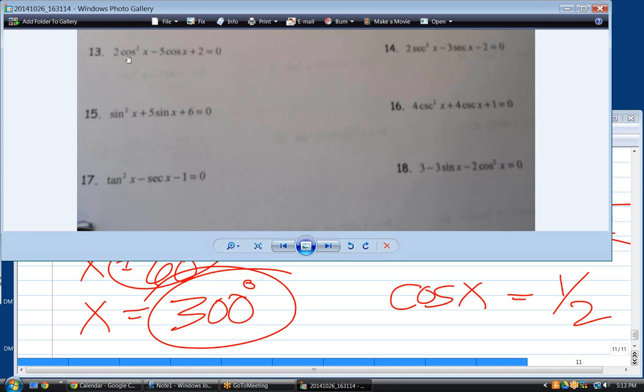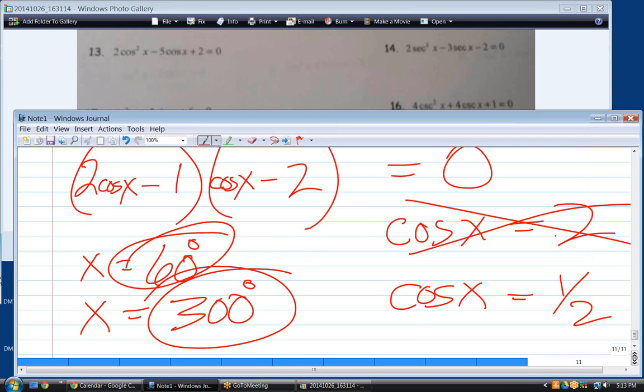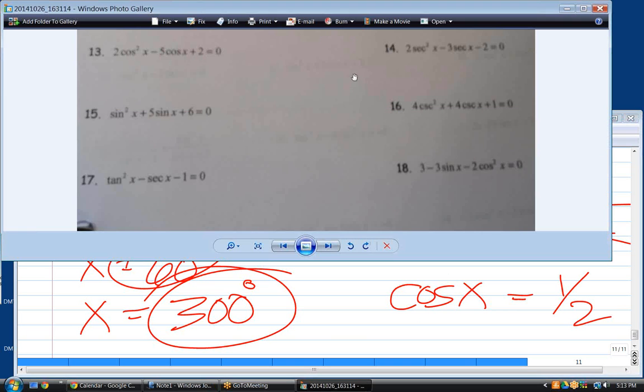The reason I wanted to do that is because I knew that that was an illegitimate answer. Notice that we're going to do 14 exactly the same. The only difference is that it factors slightly different. It factors 2 secant x minus 2.